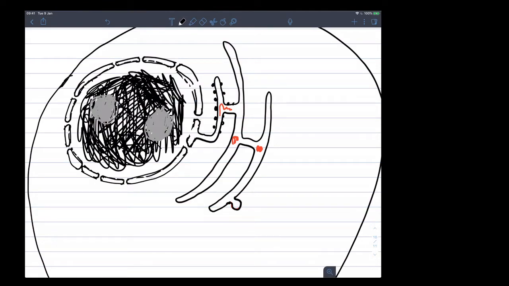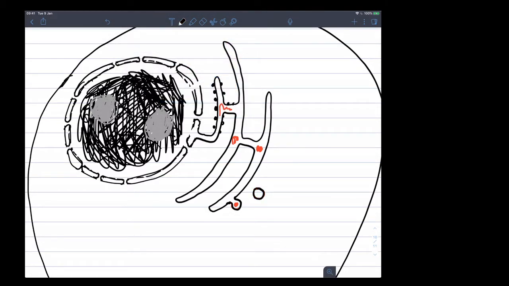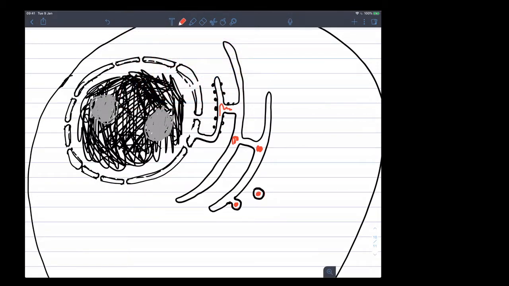In a vesicle. Okay? And we'll end up in a situation where that vesicle is going to be moving towards the Golgi apparatus with that protein contained.